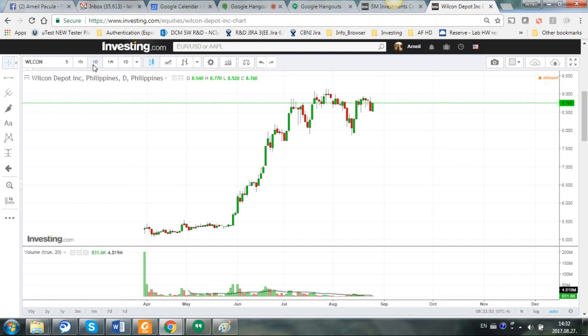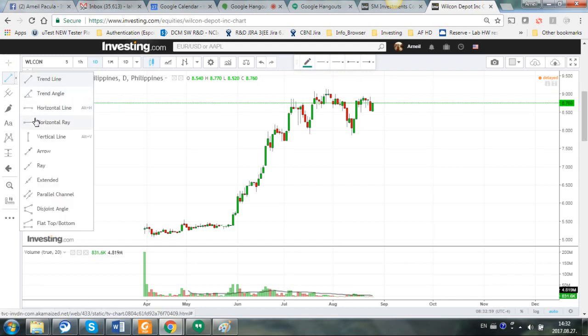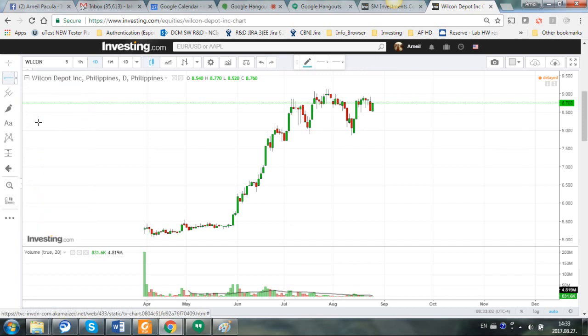So I'm using now 1-day chart. And I will pull out the trend line or a horizontal line. Horizontal yung ginagamit ko kasi it can really plot as a straight line. So you don't need to estimate kung straight ba or hindi. Kasi ito talagang straight yan.